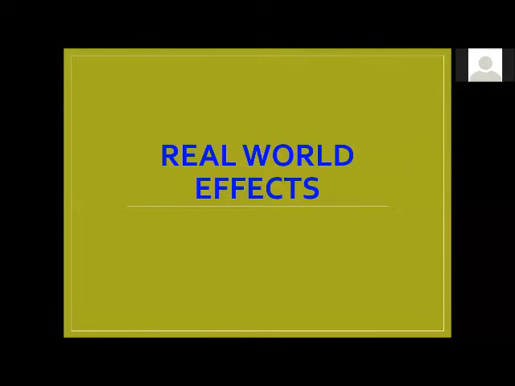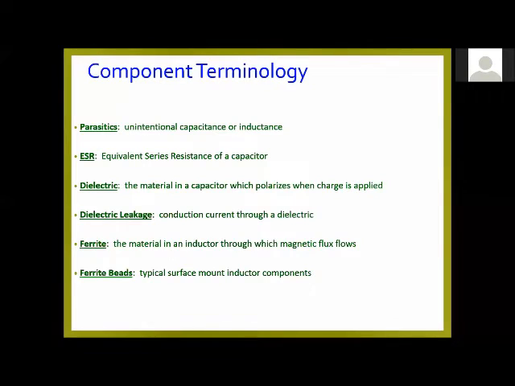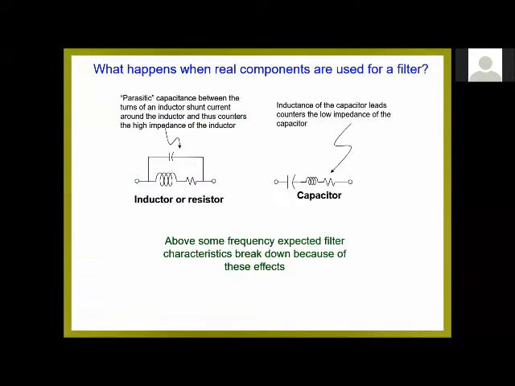So I have a whole section on real world effects, but it's a little bit long to talk about in just a few minutes. I'll just mention that we use capacitors and inductors a lot in filtering, and I mentioned the characteristics of inductors.